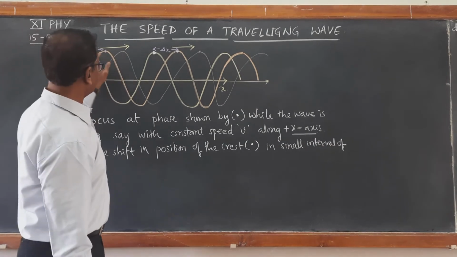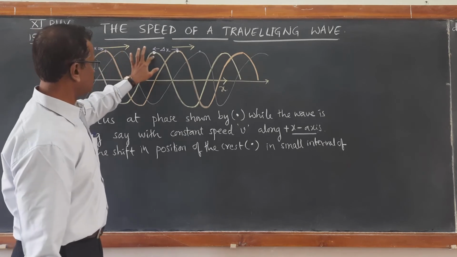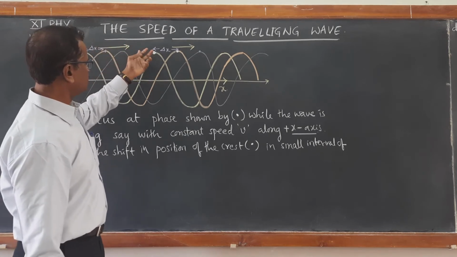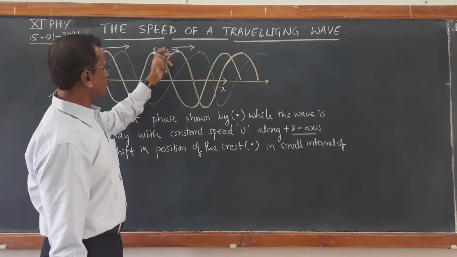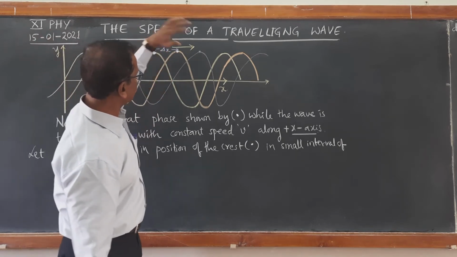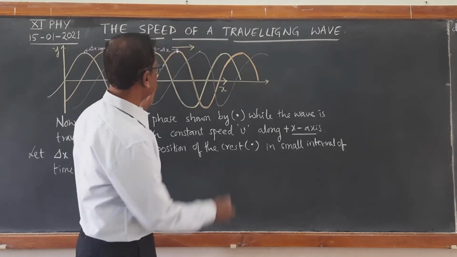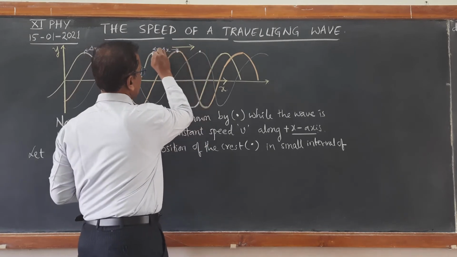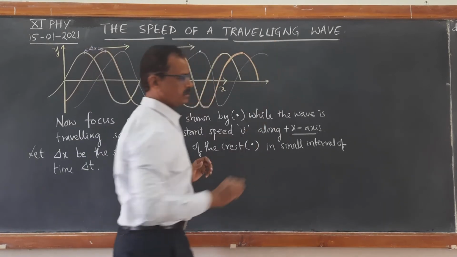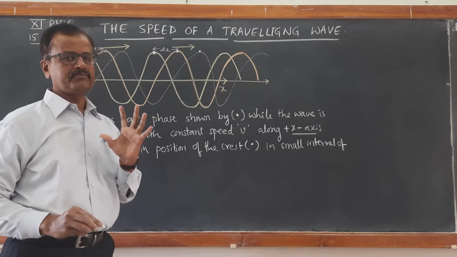Since we are focusing on this dot, whether this dot or this dot, it is covering a distance of delta x in time delta t. After one more delta t, this dot will be appearing here. So the dot appears to be moving with some constant speed.